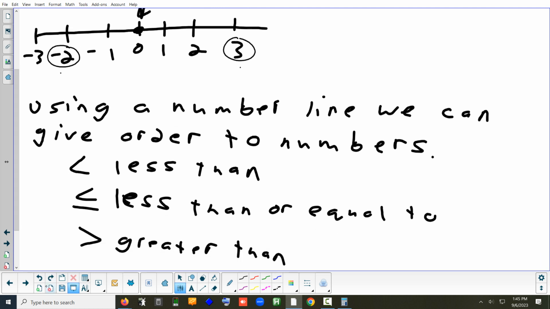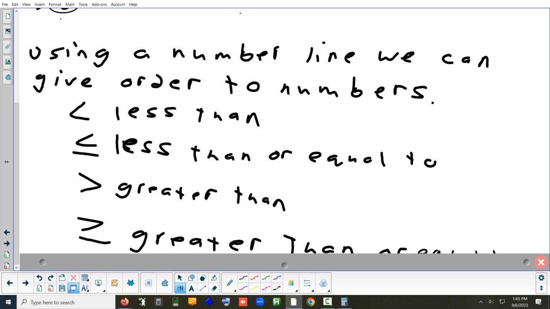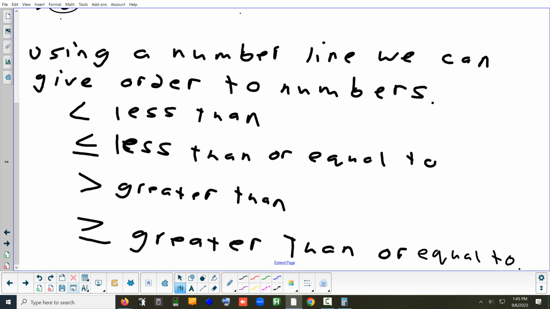We just said greater than. And there's one more inequality symbol. Brady? Greater than or equal to. And those are called inequality symbols.